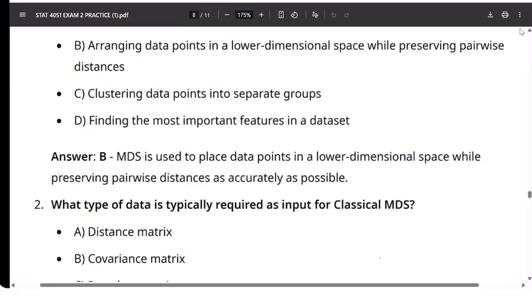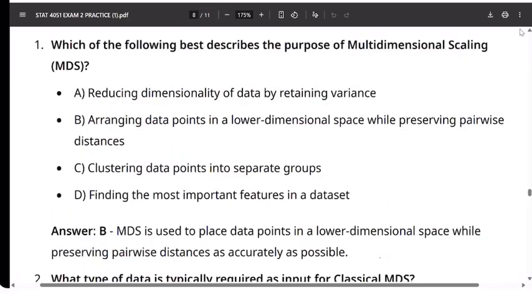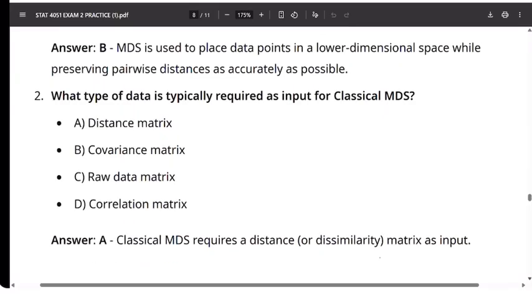You have to understand, for example: which of the following best describes the purpose of multidimensional scaling? Of course, it's just multiple choice. You don't need any explanation. There's going to be an option A, B, C, or whatever. Just pick your answer for the MDS. What type of data is typically required as input for classical MDS? Of course, it's a distance matrix.